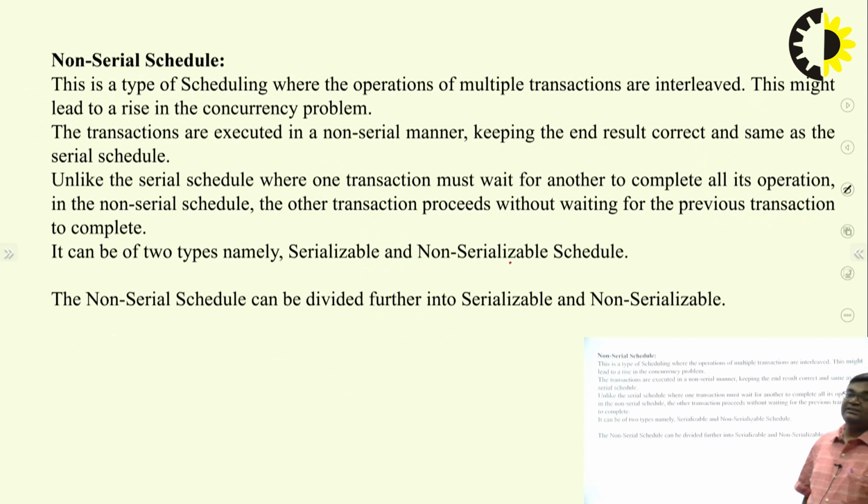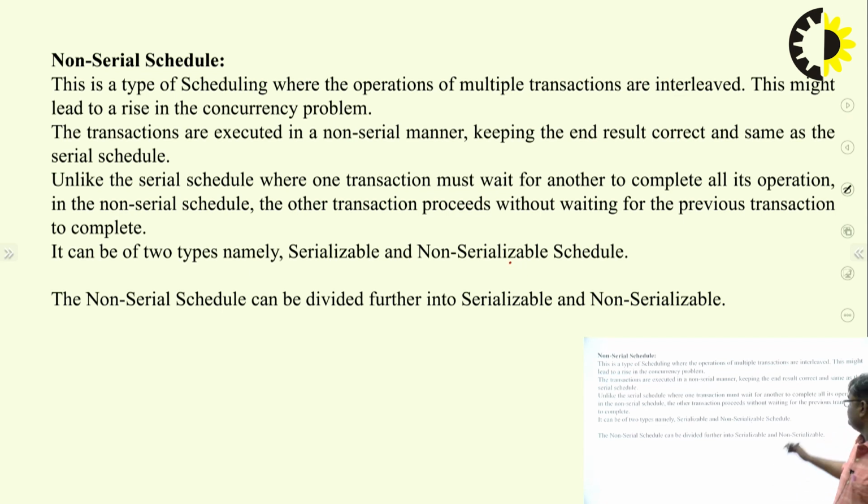Non-serial schedule. This is a type of scheduling where the operations of multiple transactions are interleaved. Means one starts, then a second starts, then a third starts, then we continue with the first one.